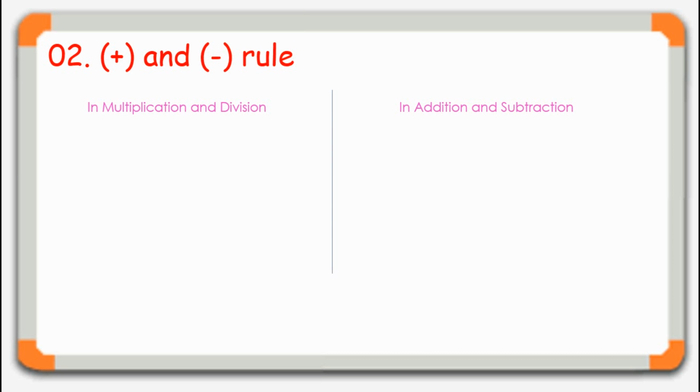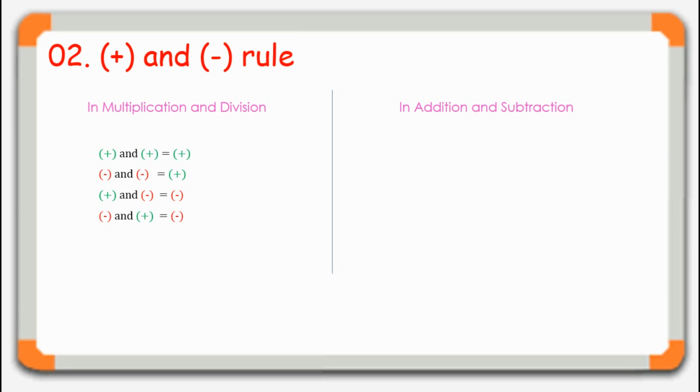So first let's see what affects multiplication and division. Whenever you divide or multiply 2 positive values, you will get a positive answer. If you multiply or divide 2 negative values, you will get a positive answer. For example, if you multiply minus 6 into minus 5, you get the answer as positive 30.